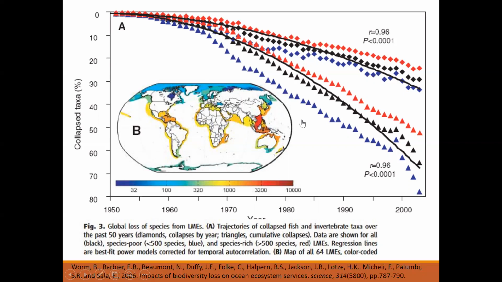So a taxa would be a group of those fish. And what we're seeing here is that these are collapsing. The diamonds are collapses by year, and triangles are cumulative collapses. A little bit counterintuitive, you have to notice that the collapsed taxa is inversely graphed. So as you go down, you're actually getting more and more collapsed taxa, right?